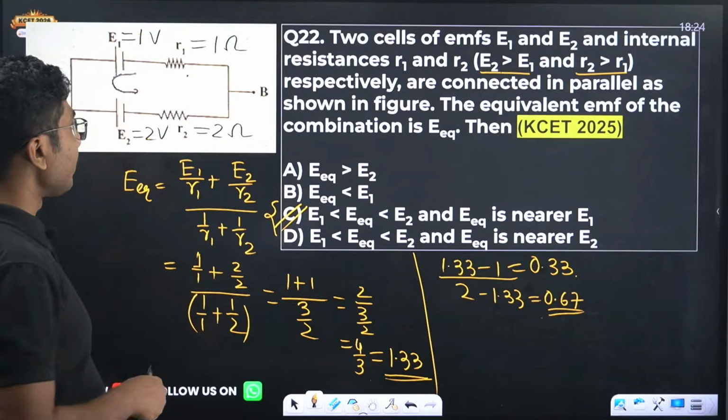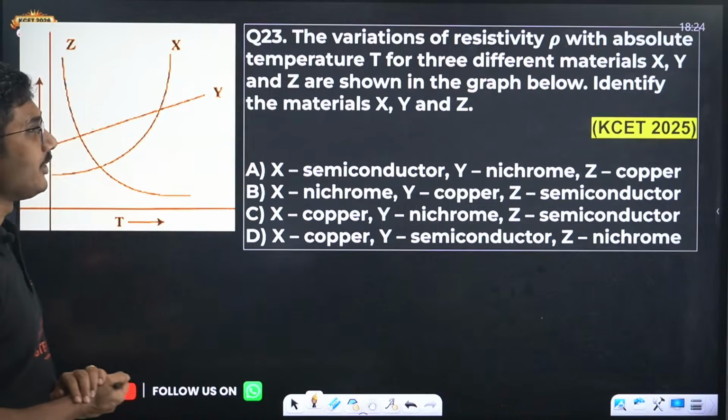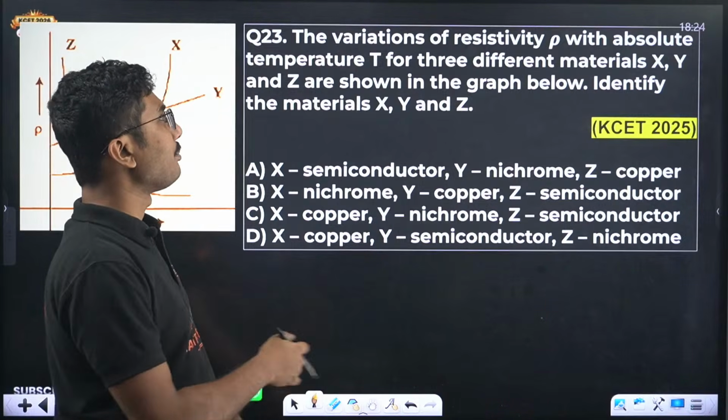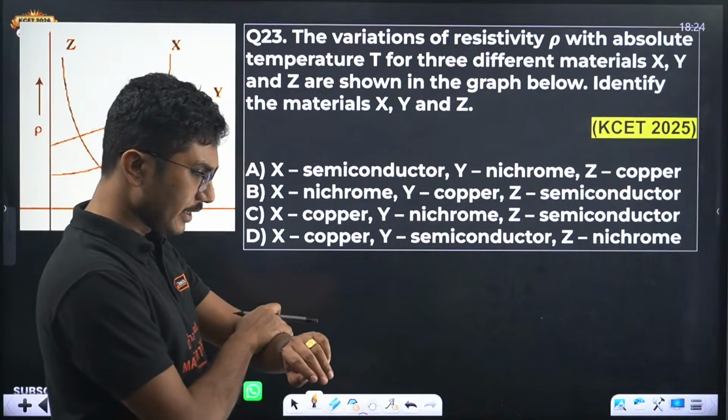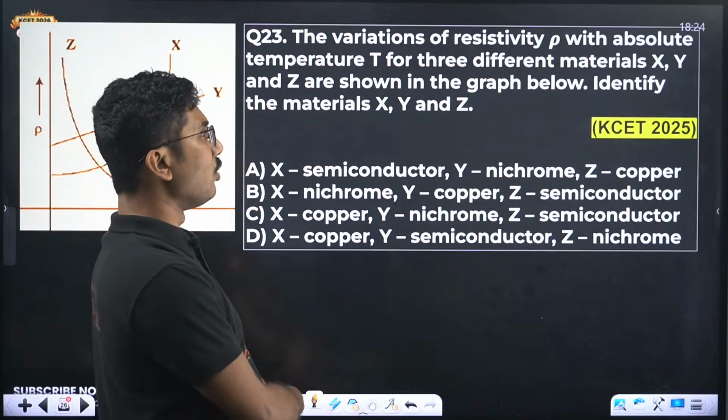Now let's move on to the next question. This is an easy question. The variation of resistivity rho with absolute temperature T for 3 different materials X, Y and Z is shown in the graph below.